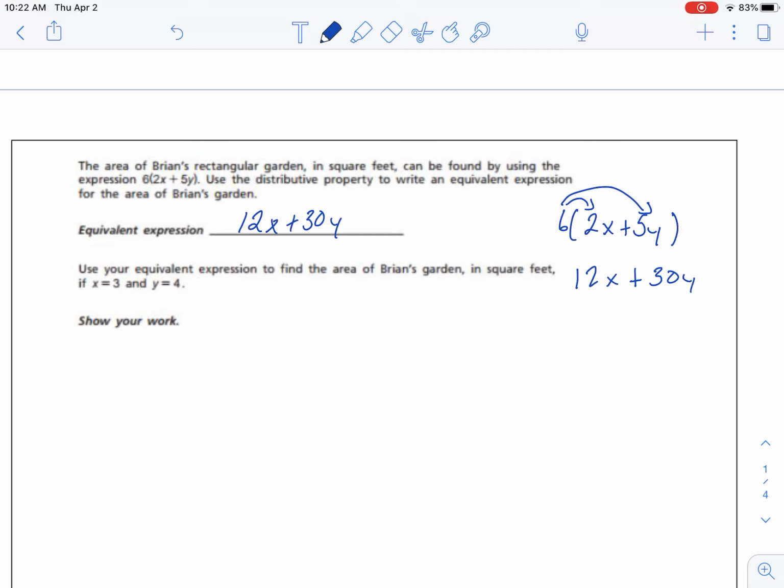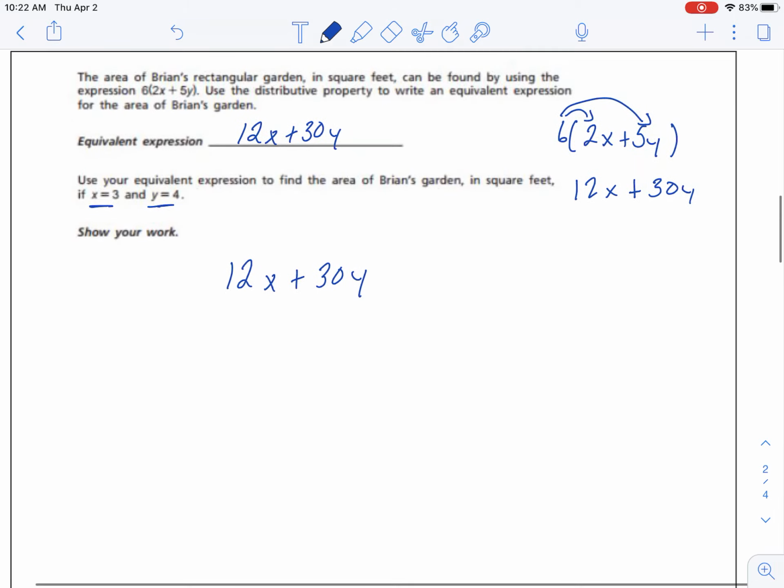Now the second part here says, use your equivalent expression to find the area of Brian's garden in square feet. So we take our equivalent expression, 12x plus 30y, and everywhere we see x, we substitute it with 3. Everywhere we see y, we substitute it with 4.